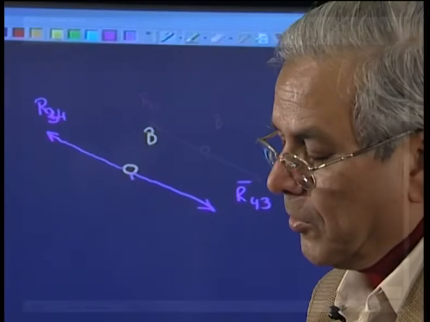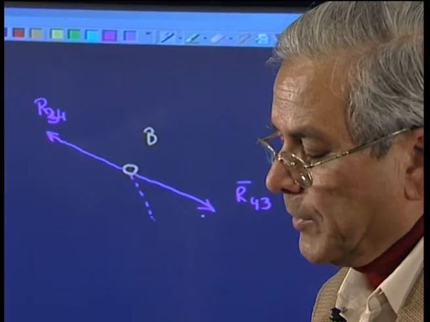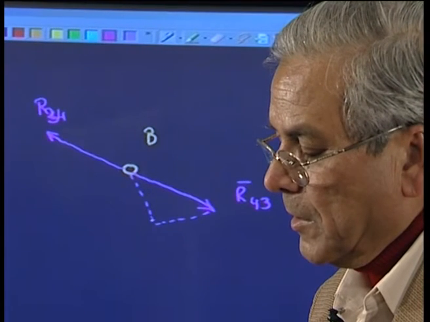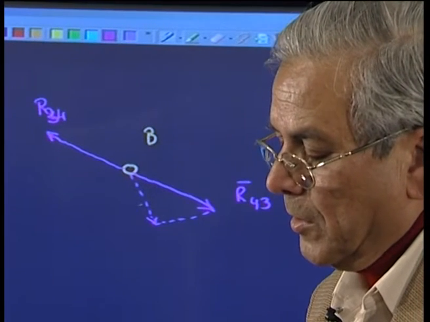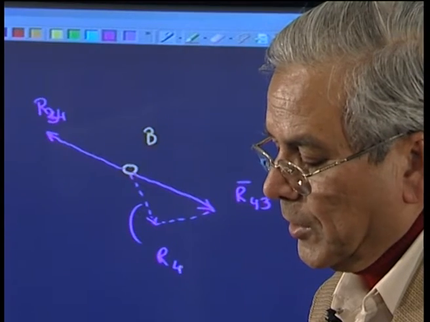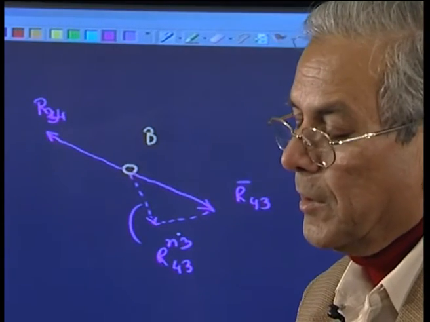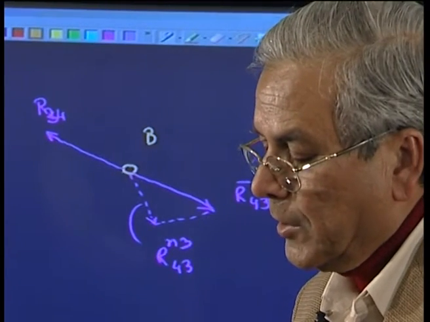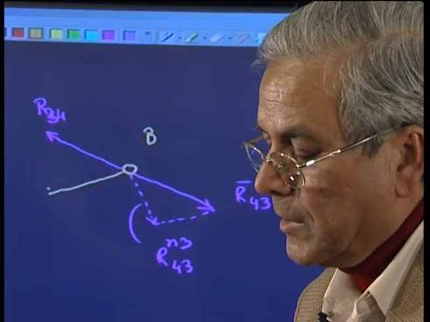Now, we found out a component of this, which we call R43 normal to 3. If you remember, the link 3 direction was like this.